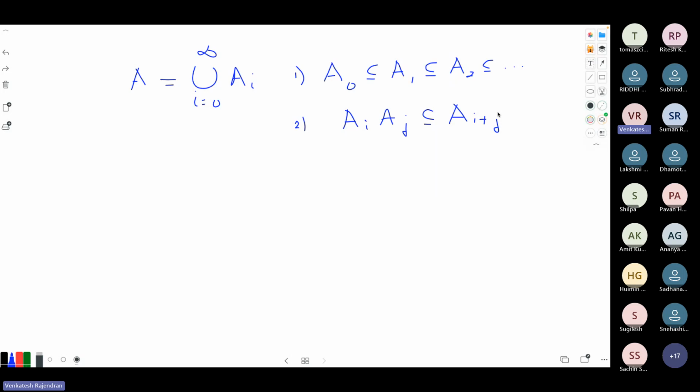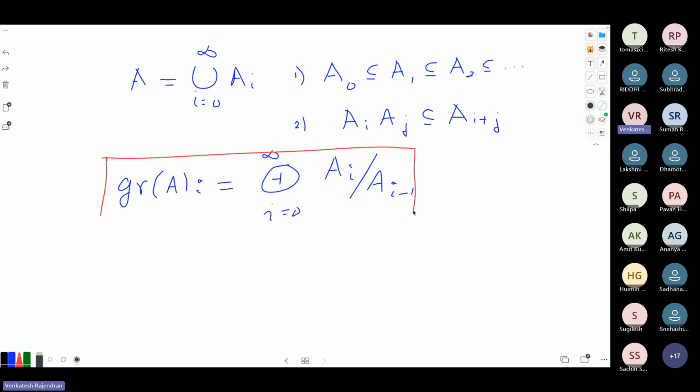Now how are you going to get the associated graded space? It is defined as follows. It is denoted by gr A, and it is defined to be the direct sum of all these quotient spaces: you take A_i modulo A_{i-1}, where i varies from 0 to infinity.